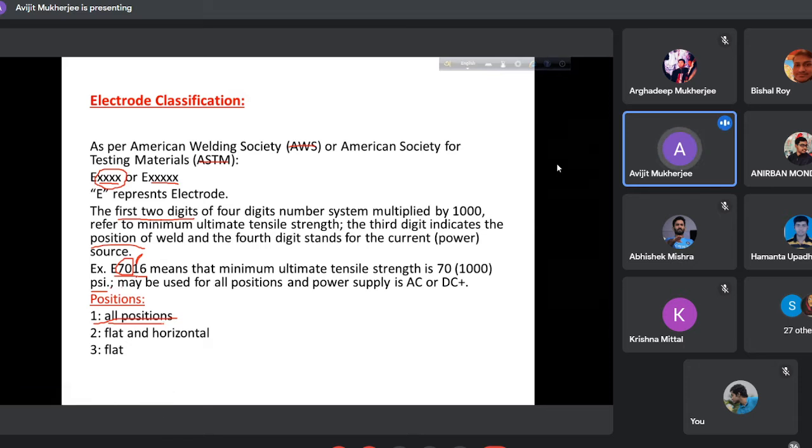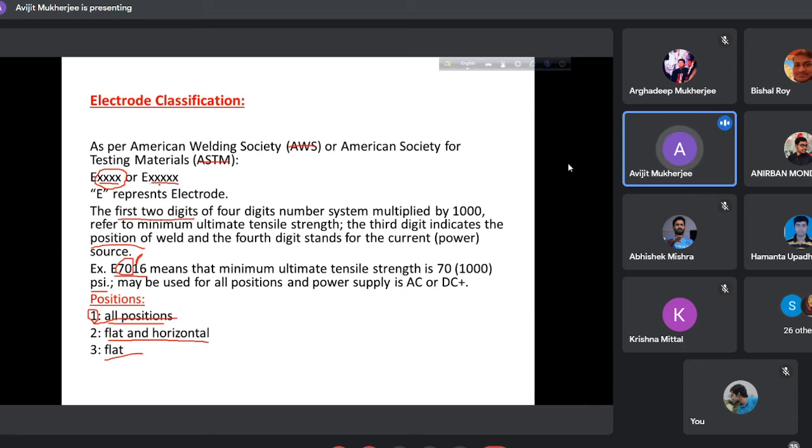But if it is 2, this electrode can only be used for flat and horizontal, not for vertical or roof. If it is 3, it can only be used for flat position. So obviously 1 is more versatile. Yes, sir. So this is the nomenclature.